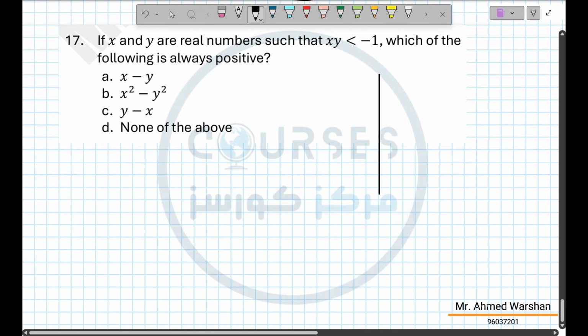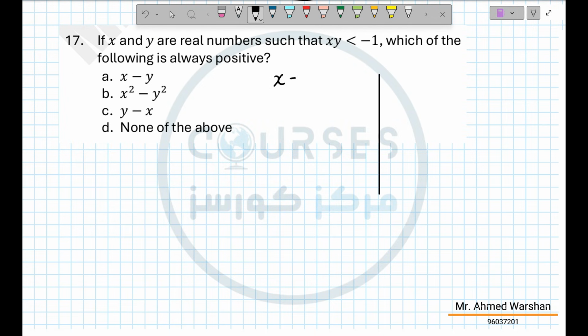Either x is positive and y is negative. So let's take x equal 2 and y equal -2, for example. That way, when you multiply them, you're getting -4, which is less than -1. The other case would be x is -2 and y is 2.